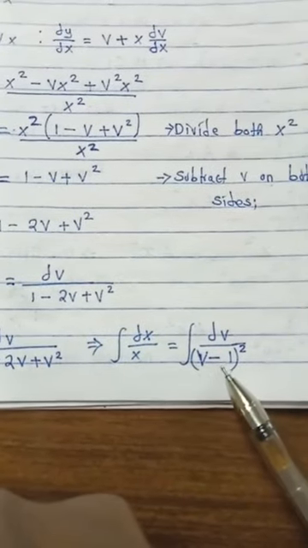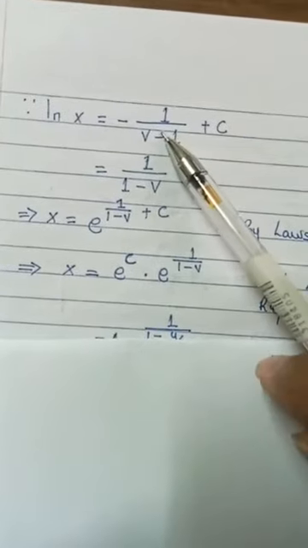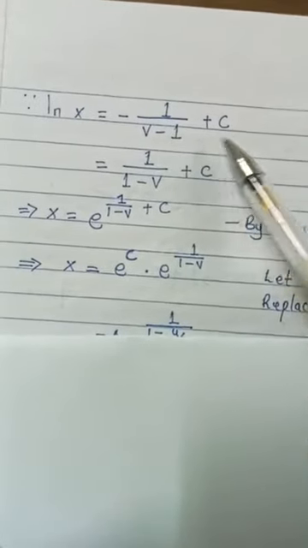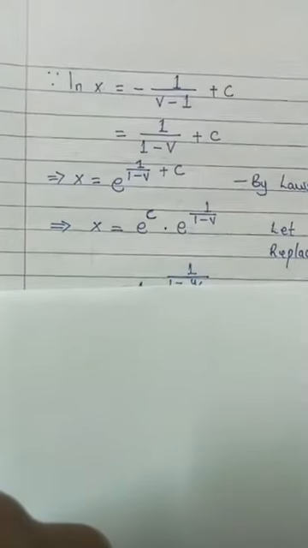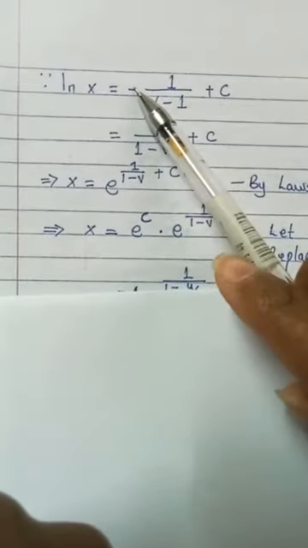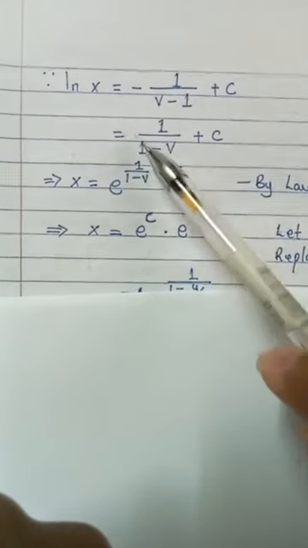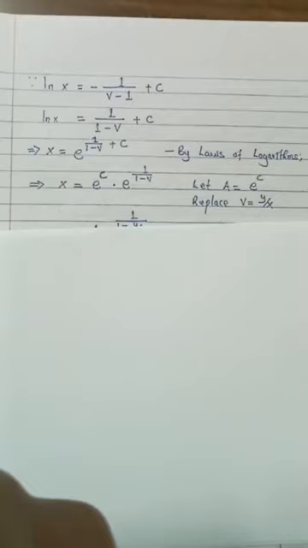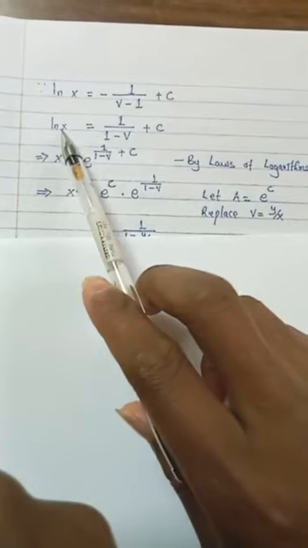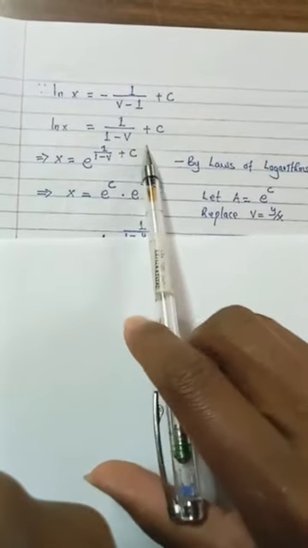Integrating the other side gives minus 1 over v minus 1, plus the constant of integration c. Manipulating the denominator with this negative, this becomes 1 over 1 minus v plus c. So the natural log of x equals 1 over 1 minus v plus constant c.